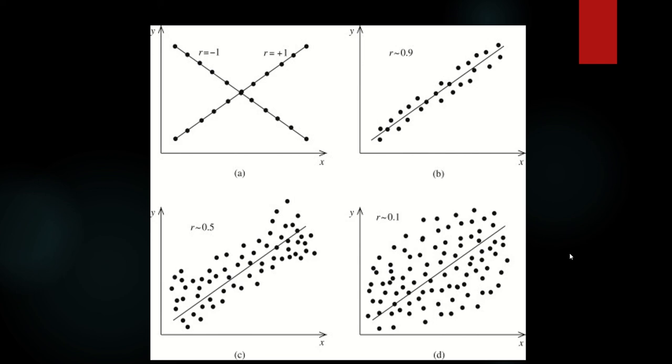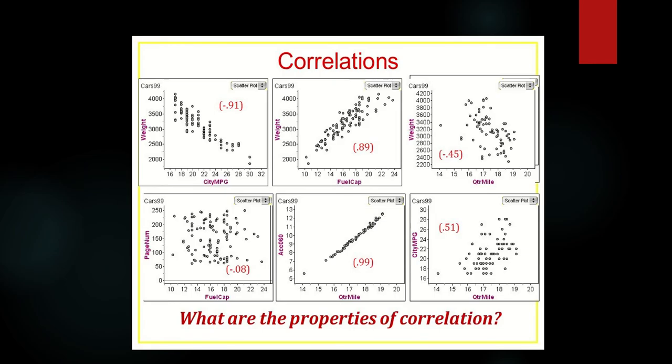In the previous slide, the fourth one, the minus 0.08. Why can't you say there's no correlation? I mean, from the shape, how can I tell if it's negative or if there's no correlation? In fact, it's not really obvious here. You are right. It's not really obvious here, and statistical tests give us these results.